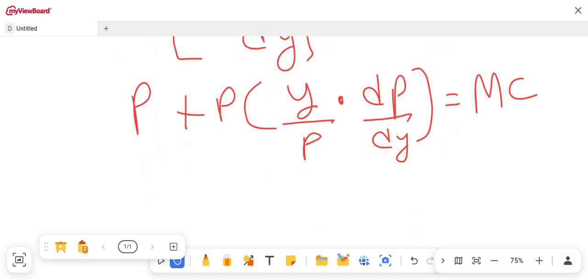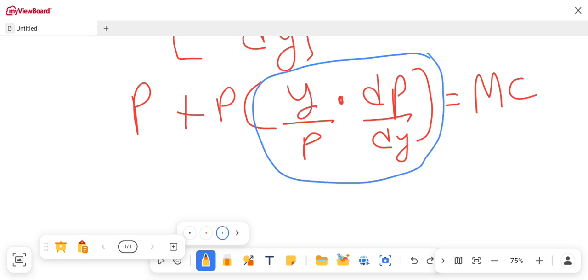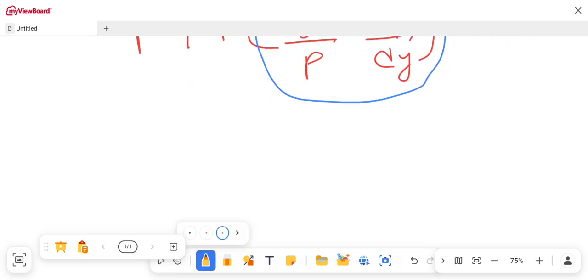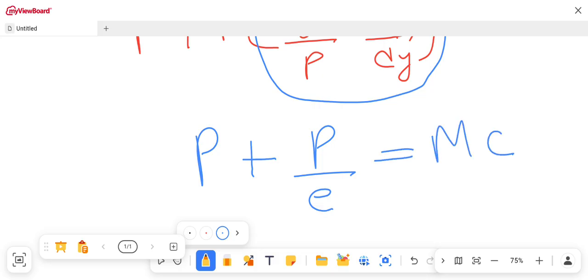Now listen carefully. I earlier told you that the formula for elasticity is P upon Y into change in quantity upon change in price, and it is the reciprocal of this, so we can write it as P plus P upon E equals marginal cost. So this is the new formula.